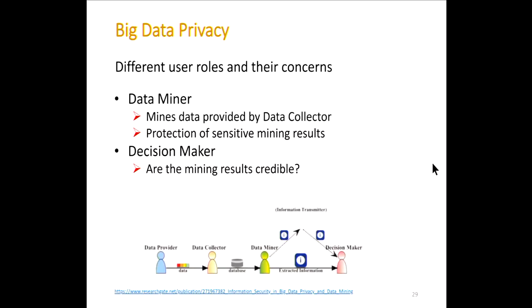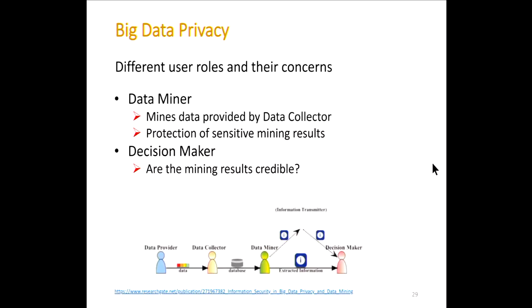From the data miner perspective, this is a person who is mining the platform for data, and whatever is publicly available, you will be able to collect. Also, there is some level of whether you are allowed to mine the data or not, so there are some issues there.